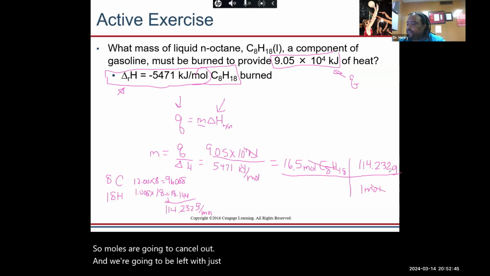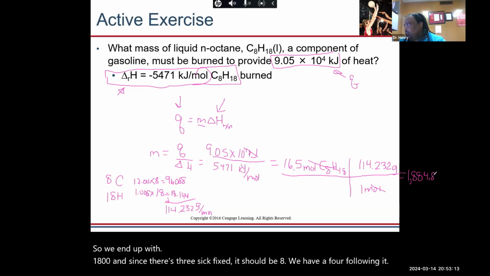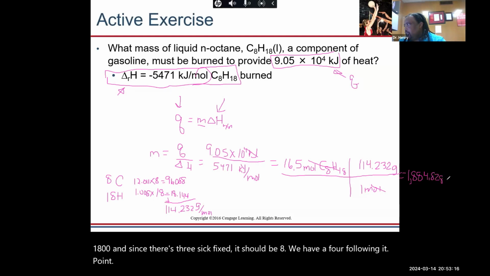So 16.5 times 114.232, we end up with 1,884.828 grams. Since there are 3 sig figs, we have a 4 following it, so we're going to use this number here to decide whether we round up or leave it alone.